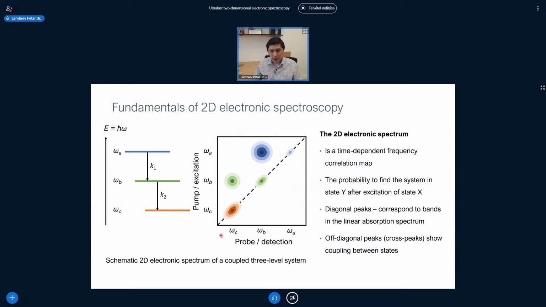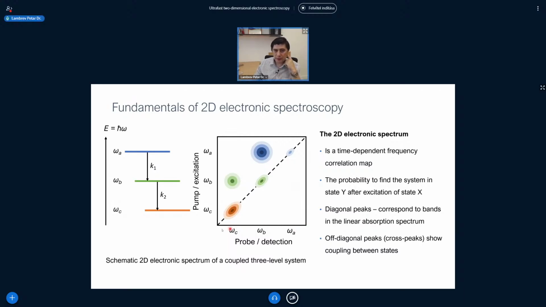So what are those? Now, in transient absorption, we frequency resolve the absorption of the probe beam. In two-dimensional spectroscopy, we have frequency resolved response to the pump and the probe together. And so we have a pump or excitation frequency, and we have a probe or detection frequency.